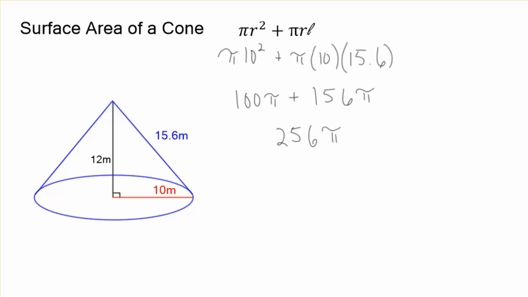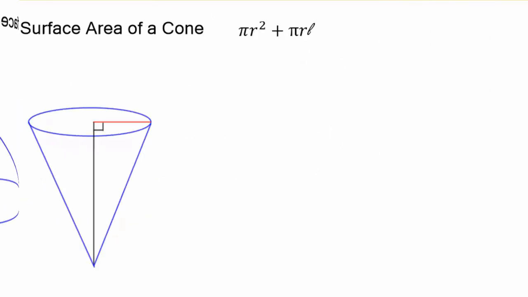That is exactly right to an infinite number of decimal places, but that's going to be approximately 256 times 3.14 is 803.84 meters squared.